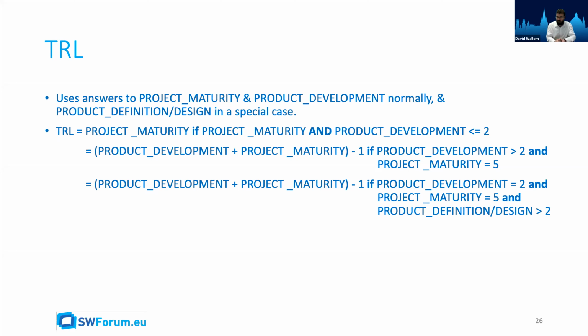And then above this, to get above TRL level 6, if your product development is more than 2 and your project maturity is 5, then you will get TRL levels from TRL 7 up to 9. So that's how we calculate TRL as a numeric value from the answers to the questions that I ran through earlier.